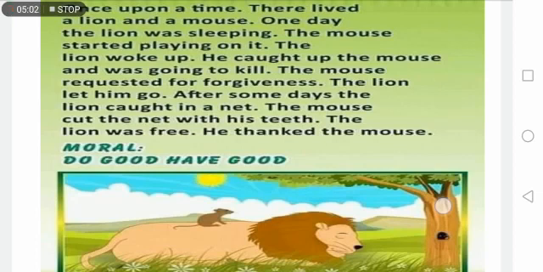After that, the mouse repaid him, that is the lion, by cutting the net in which he was caught. And he thanked the mouse. So you can see how this story is sequenced. So this is called the story sequence.